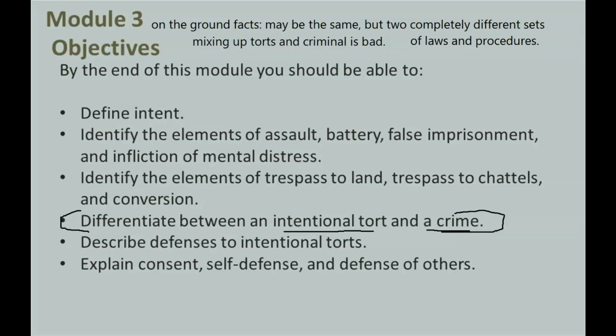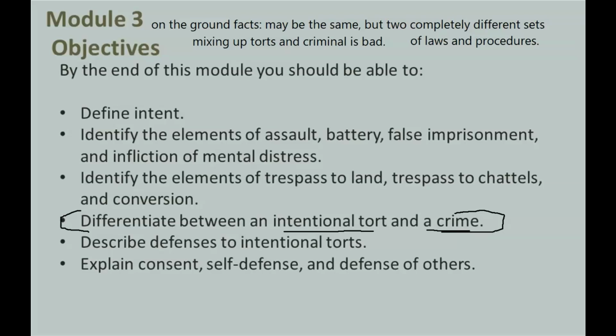Let's say we're a plaintiff or defense attorney and we hired a private eye to investigate this alleged intentional tort. They're going to find a lot of the same facts that the police find, but there's a huge difference between the sets of laws and the procedures.